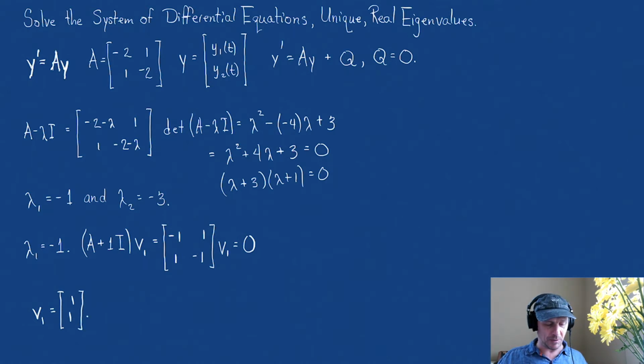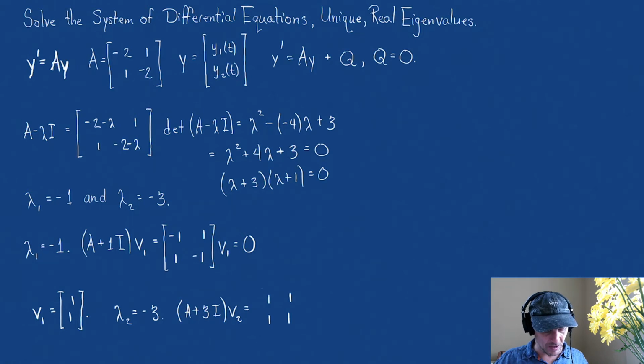Okay, now let's repeat this. When lambda 2 is negative 3, we're going to have a plus 3 I times our second eigenvector. That's going to be negative 2 plus 3, which is 1, 1, another 1, and look at that, that works as well, times our second eigenvector has to be 0.